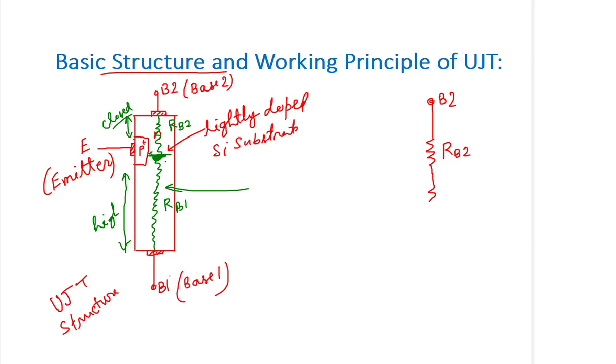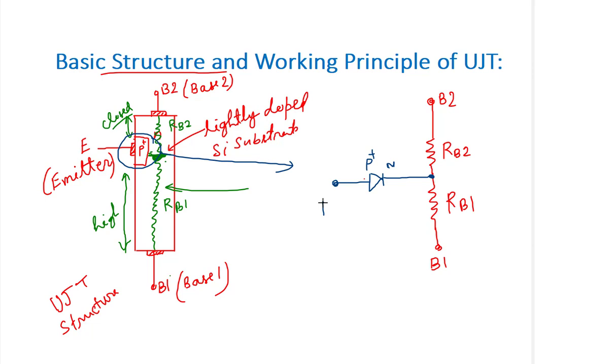Then this resistance is RB1, at the base 1 region, and this is the PN junction. This region is the PN junction, with the highly doped P region and the lightly doped N region. It behaves as a PN junction diode.